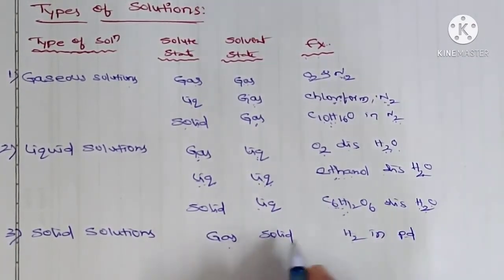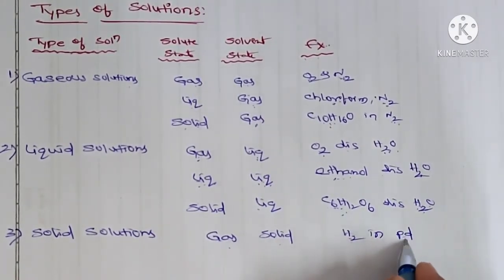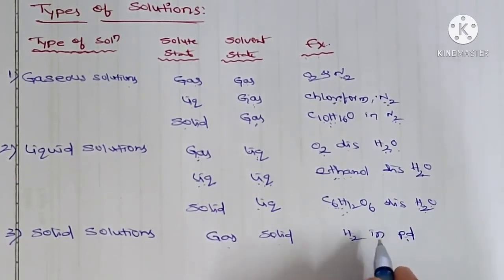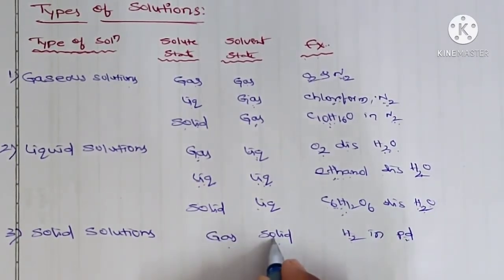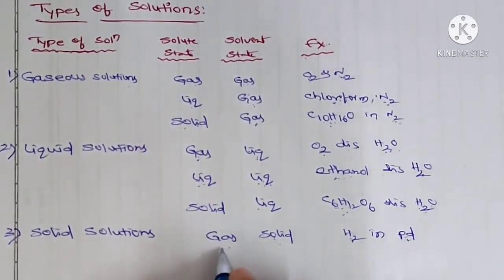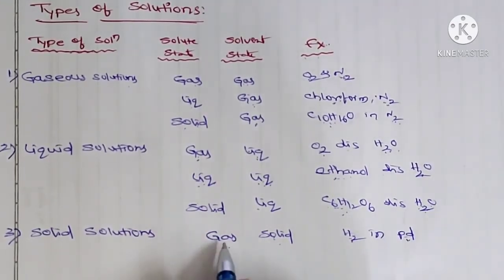H2 is a gas and palladium is a solid. So H2 in palladium. Palladium is in large amount, so it is a solvent, and H2 is in less amount, so it is a solute. So H2 in palladium is a gas in solid.